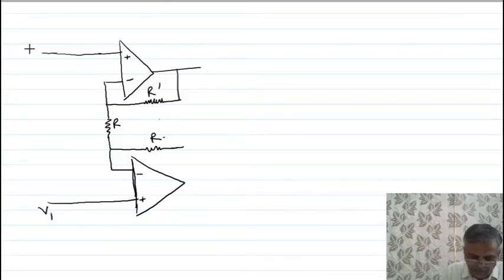This is your V1, here I am writing V2, this is output, this I am writing V1 dash, here I am writing V2 dash.